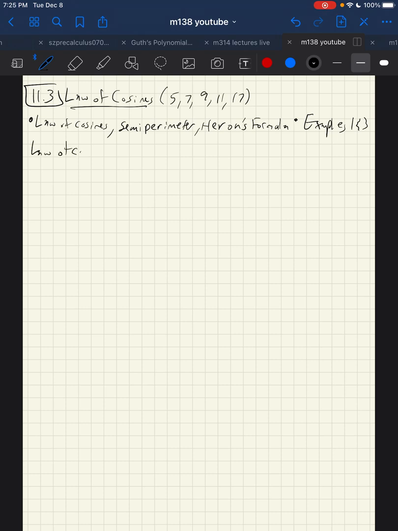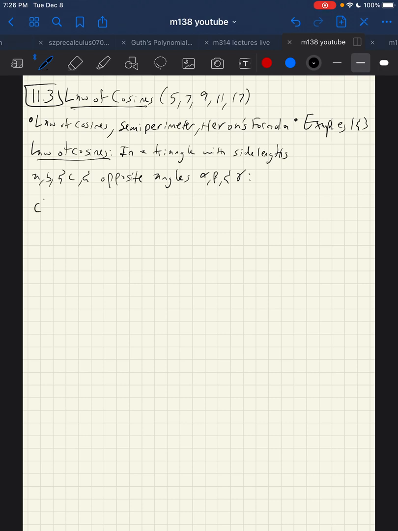The law of cosines basically says, with the triangle like we had before, so a triangle with side lengths A, B, and C, and opposite angles alpha, beta, and gamma, I'm going to give you 3 formulas, but they're all going to be based on this one.